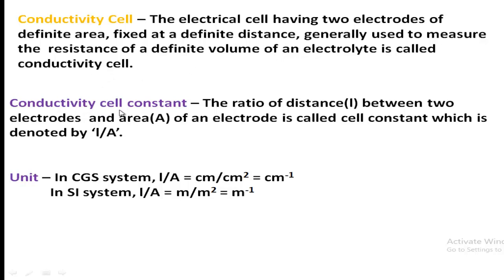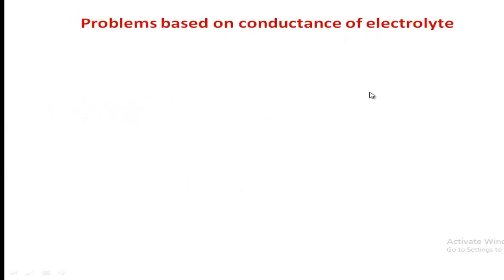And conductivity cell constant: the ratio of distance between two electrodes and area of an electrode is called cell constant, which is denoted by L by A. Its unit in CGS system will be per centimeter, and in SI system per meter.